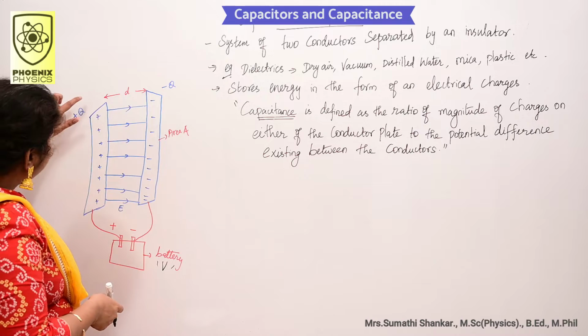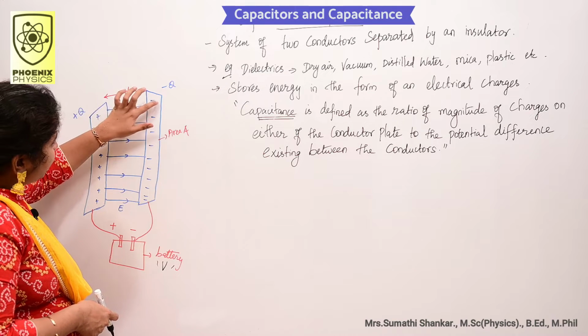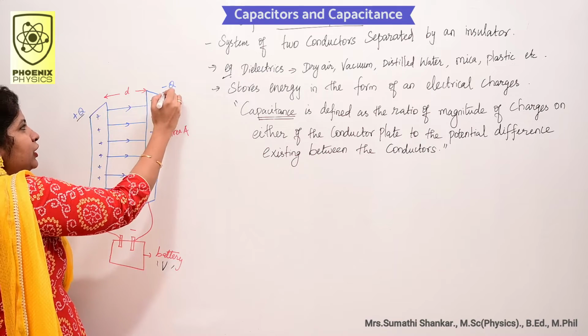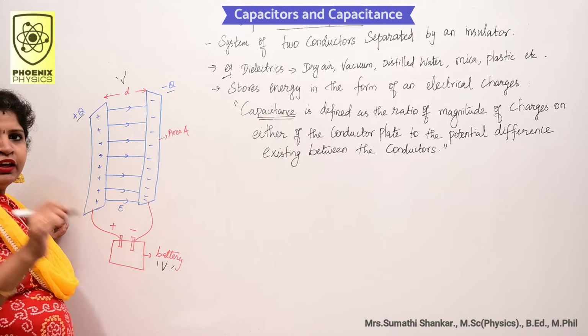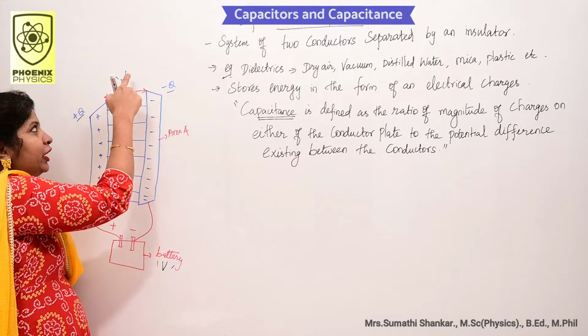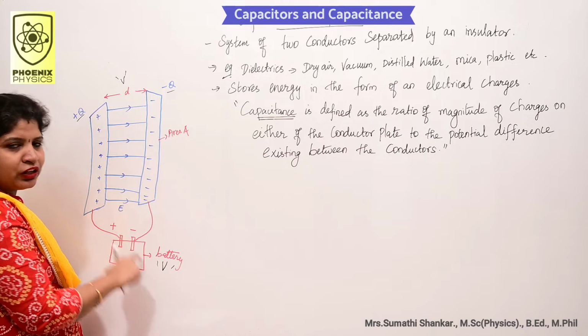So one plate becomes positively charged, and the other plate becomes negatively charged. This is plus Q and this is minus Q. Here the potential difference between the plates is equal to the battery's voltage V.